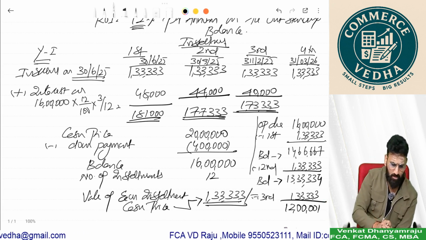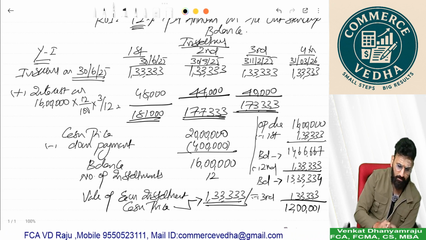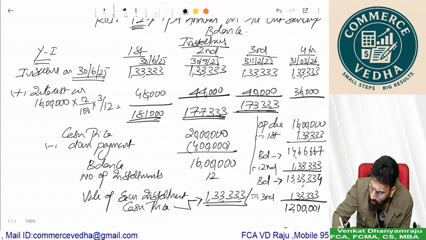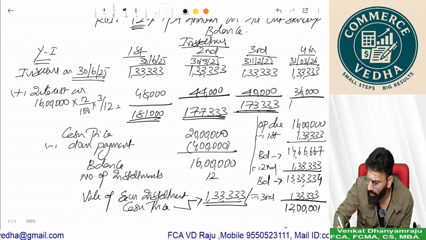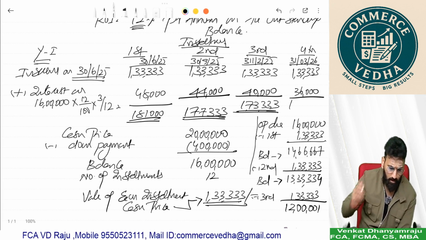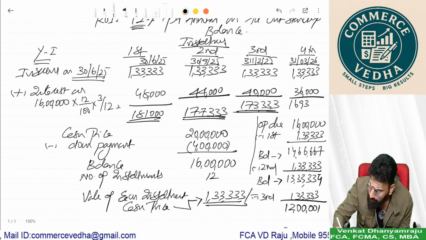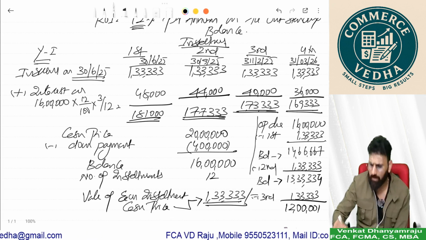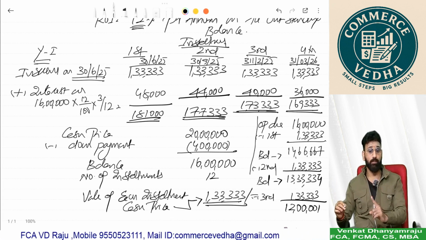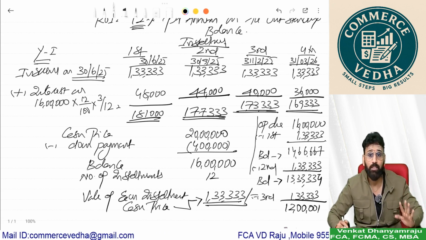So the interest on 12 lakhs for 12% and 3 months is 36,000. So making this 36,000 plus 133,333 is 169,333. Similarly, you have to compute the same pattern for 12 months, because it is 3 years, 12 installments quarterly.